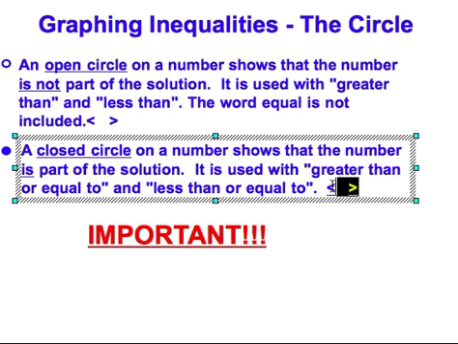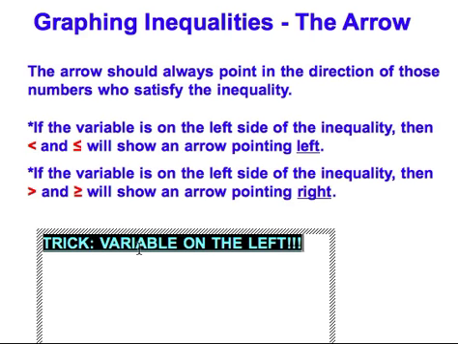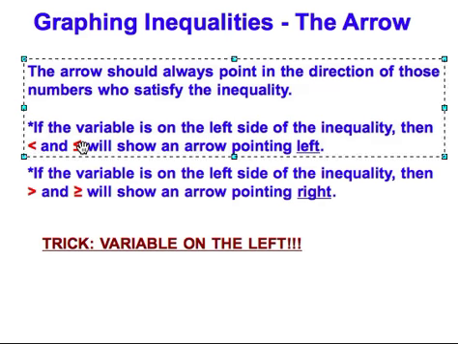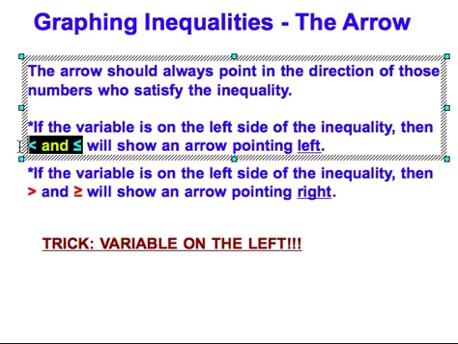Graphing inequalities can be much easier when the variable is placed on the left side of the symbol. The reason is because if you see these 2 less than symbols, it shows that the arrow is pointing to the left because this is the tip of the arrow and it's pointing in the left direction.